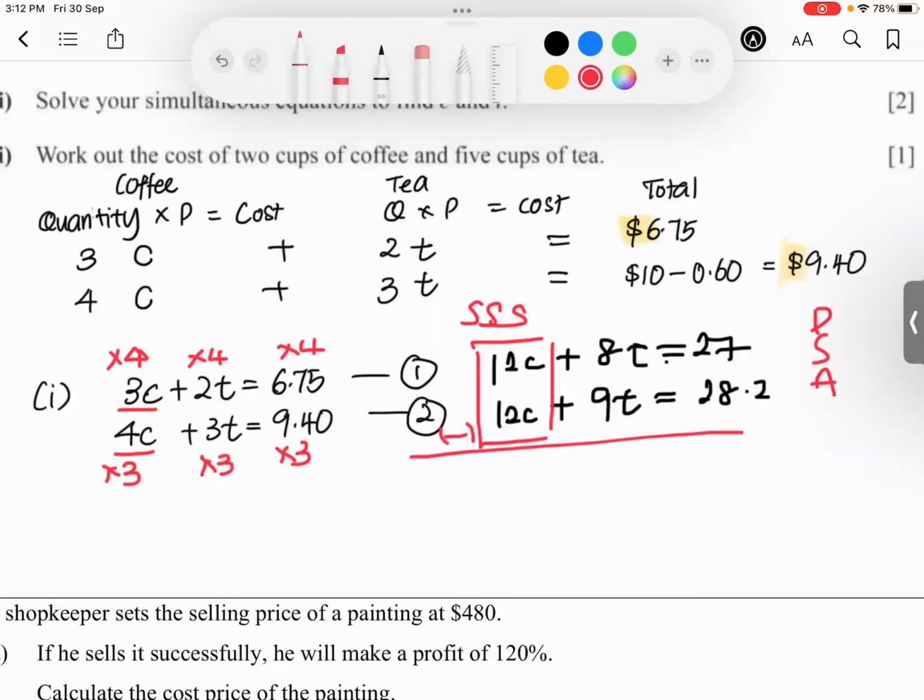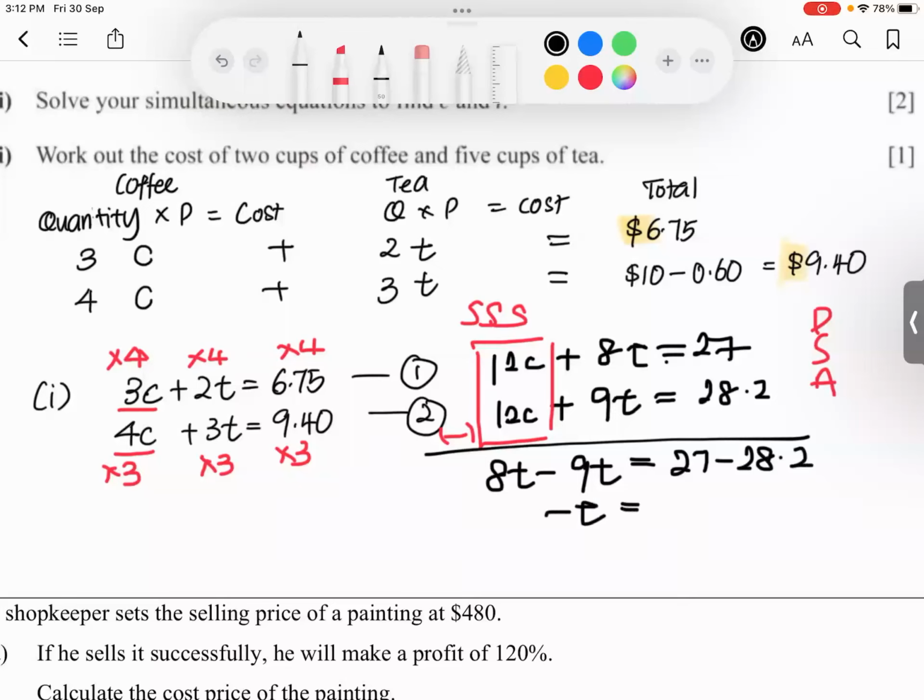I subtract, okay, and I try to get my answer over here. This one will be 8T minus 9T equals to 27 minus 28.2. I get negative T is equals to negative 1.2.